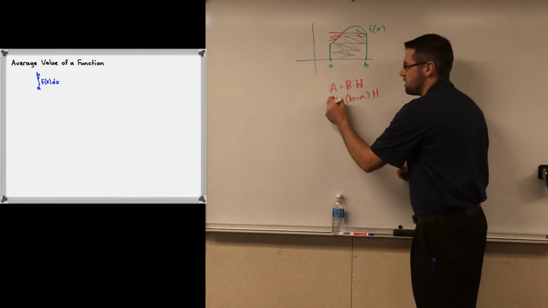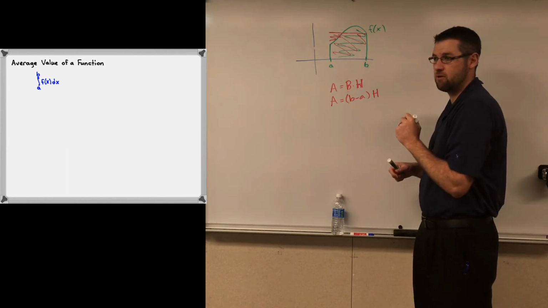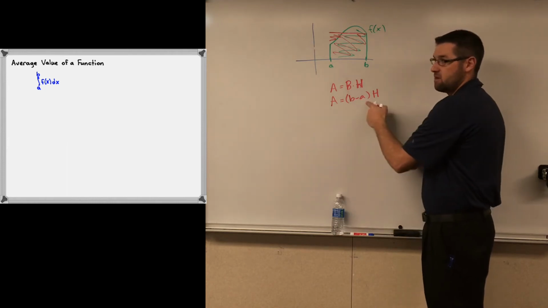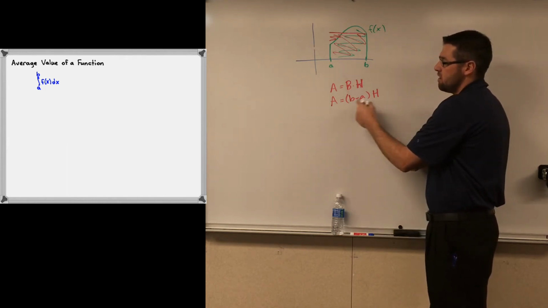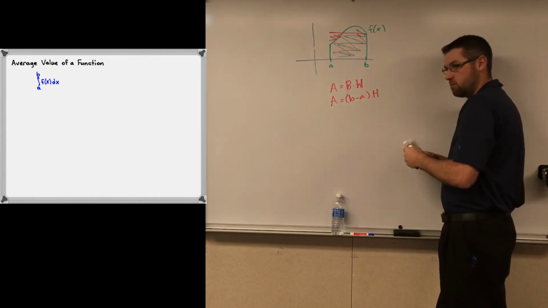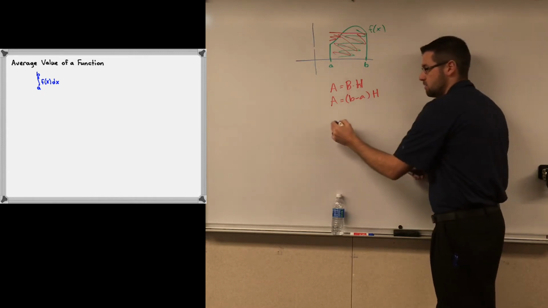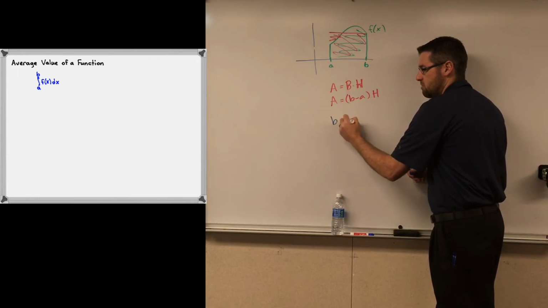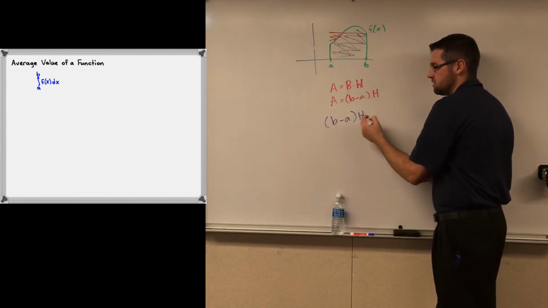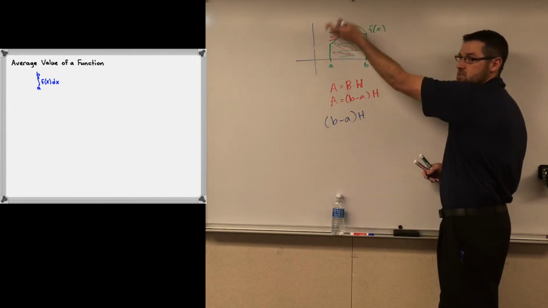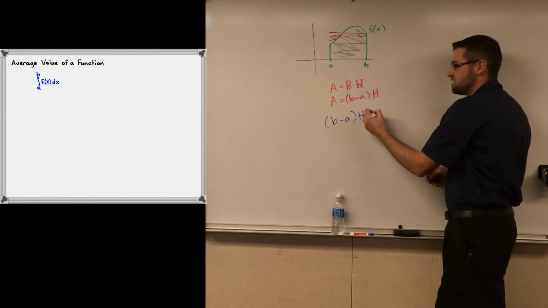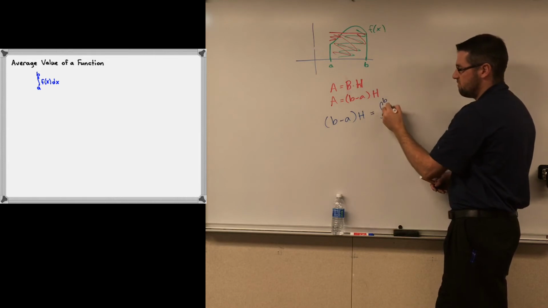So this is the area of the constant function. This area has to equal what? So we're going to say b minus a times whatever the height is. Height is going to be the constant value, right? That's going to be equal to the integral from a to b of f of x dx.